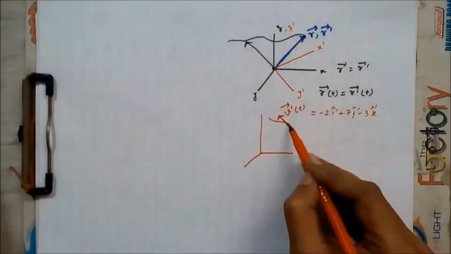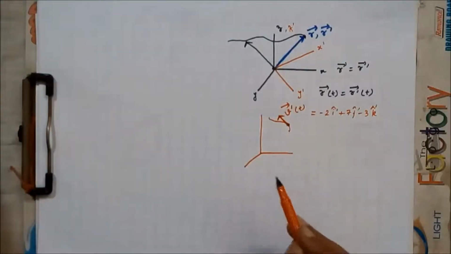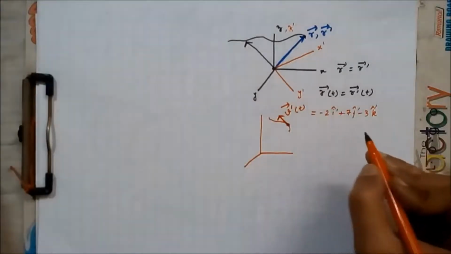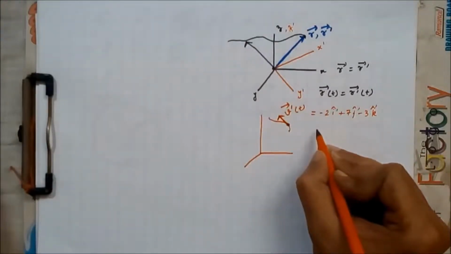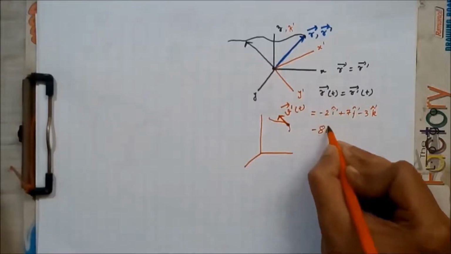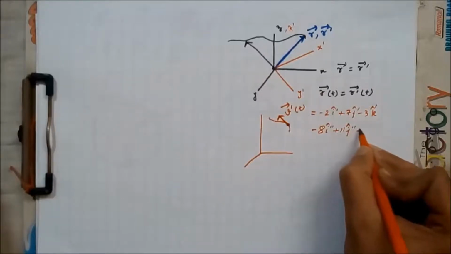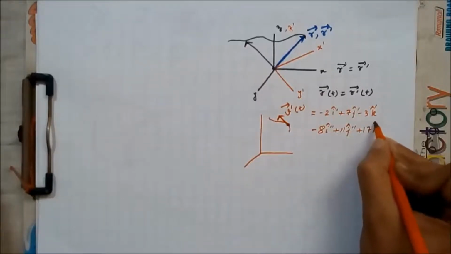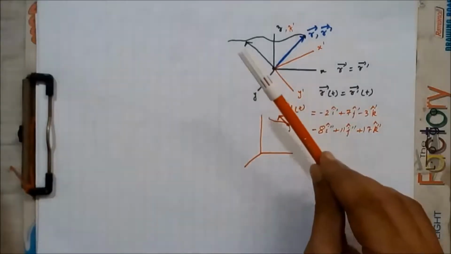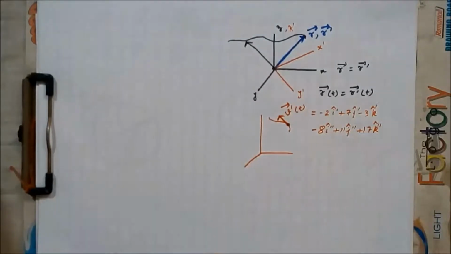When we describe this vector from some other frame of reference, we have to keep in mind that we are describing this very vector, and from a double primed frame of reference, it may look like minus 8i double primed cap plus 11j double primed cap plus 17k double primed cap. But in that case, we are describing that same vector as seen from a different frame of reference.